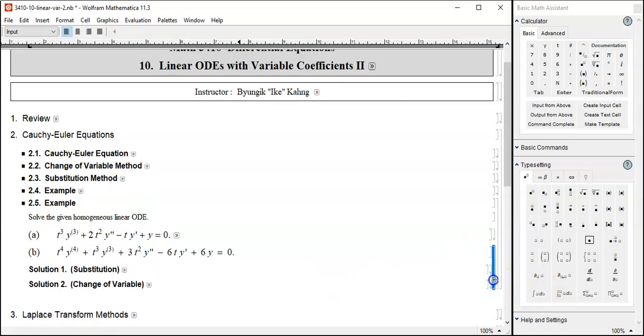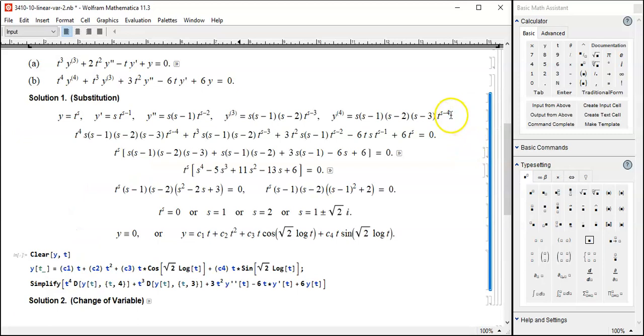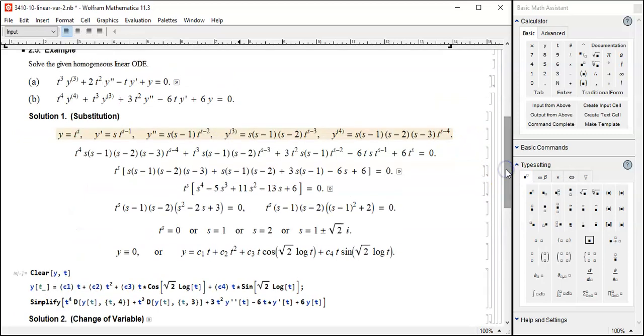Last one here. Okay, how about the substitution method? We start from t to the s power and take the derivative. Not difficult because we are simply taking the power rule and plugging all those back into the original equation. Always we have some power of t, so we only have t to the s power out, and what's left has to be an expression of s, a polynomial expression of s.